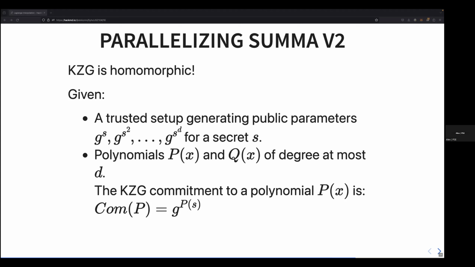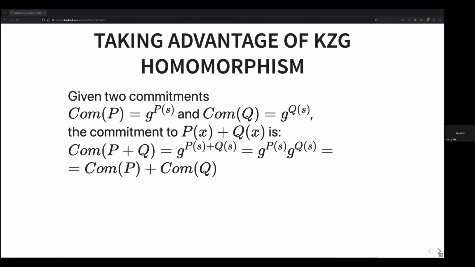And if we take a look at the math for the KZG, we can notice that if we commit to a sum of polynomials, the resulting commitment will look exactly like a sum of two separate commitments to each of those polynomials.